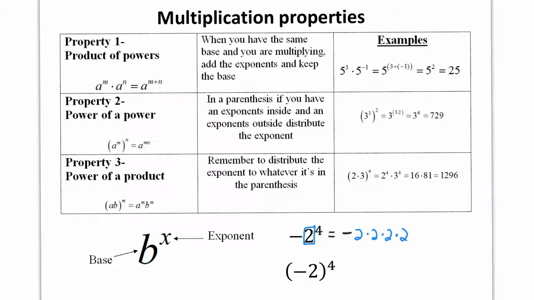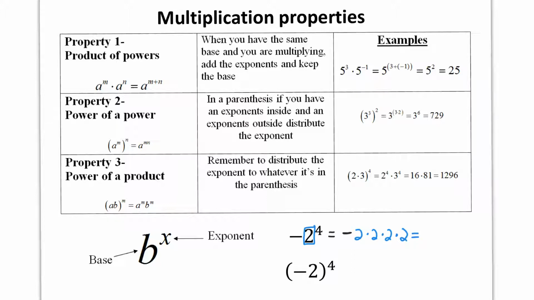Notice that I didn't write down the negative 4 times. If you do not have parentheses, you keep the negative only 1 time and you multiply the base the number of times the exponent is. So if you have an exponent of 3, you multiply 2, the base, by itself 3 times. In this case, we have a 4. So we multiply the base, the number 2, by itself 4 times.